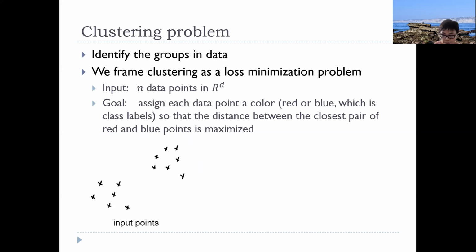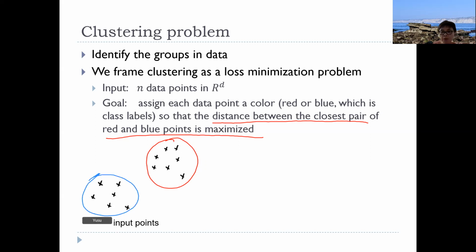This is measured by saying the distance between the closest pair of red and blue points is maximized. So for example, if all of these points here are red and all of these points here are blue, then the separation between these two clusters, the distance between the closest pair of red and blue points, would probably be this. This would be the separation distance, which is pretty large. It's actually maximized, so this is a good clustering.